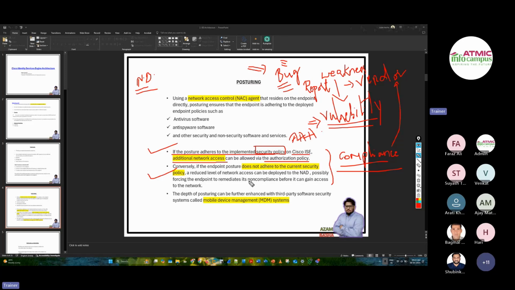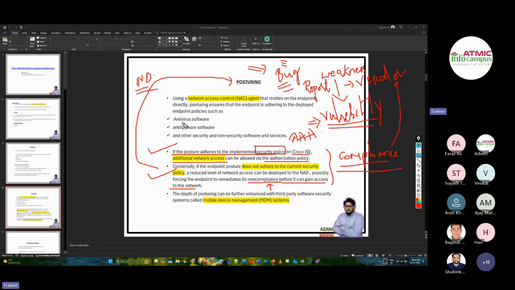And if the device does not adhere to the implemented security policy, it will be marked as non-compliant, hence it will be degraded or even removed from the network. So this is the function of posturing in ISE.